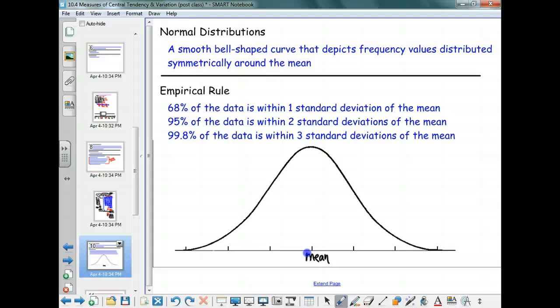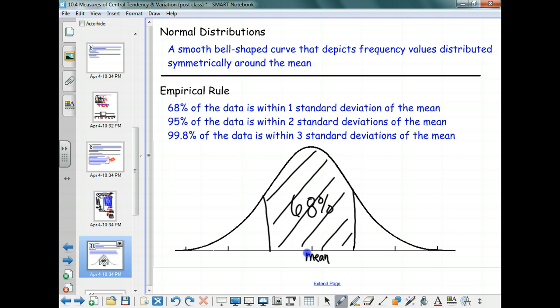So this is one standard deviation out. In fact, let me do it this way. You would have 68% of your data values within one standard deviation of the mean if the distribution is normal. If you go out, so this is one standard deviation in either direction.